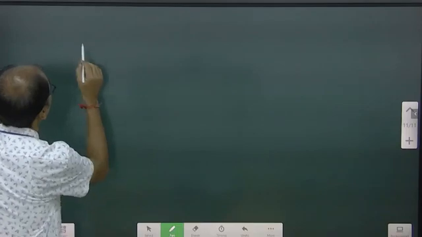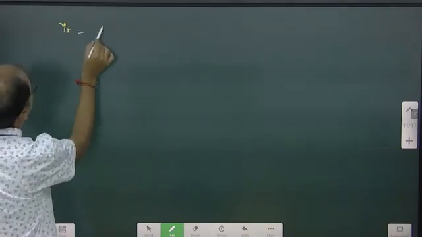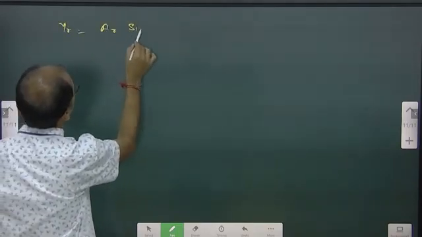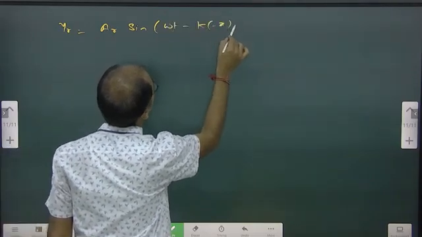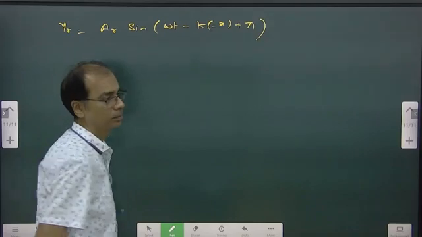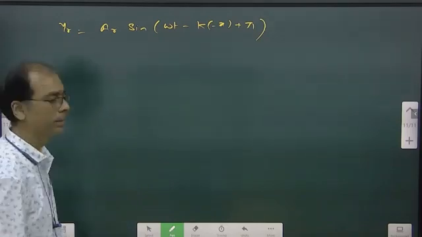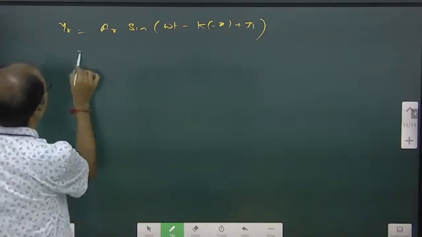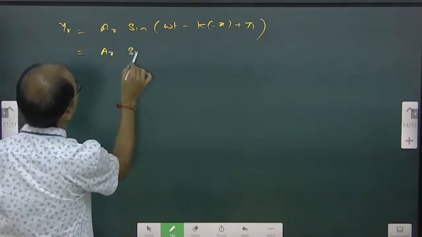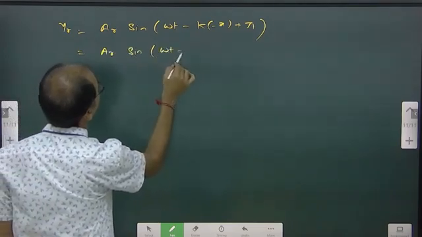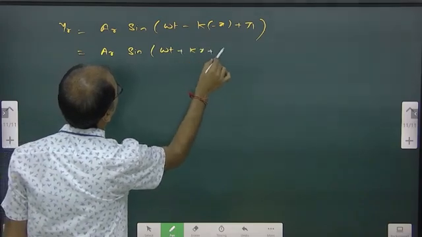So the reflected pulse we'll write as AR sine of omega t minus k into minus x plus pi. Right? Then it will be written as AR sine of omega t plus kx plus pi.